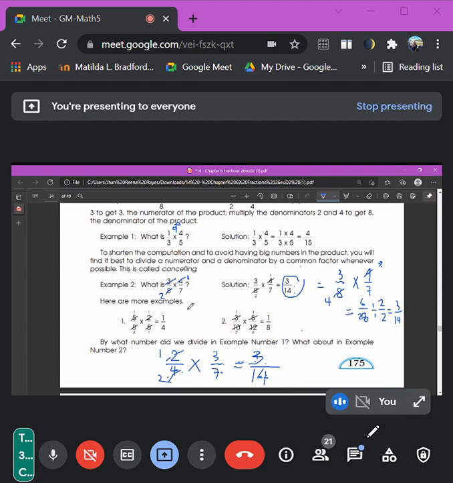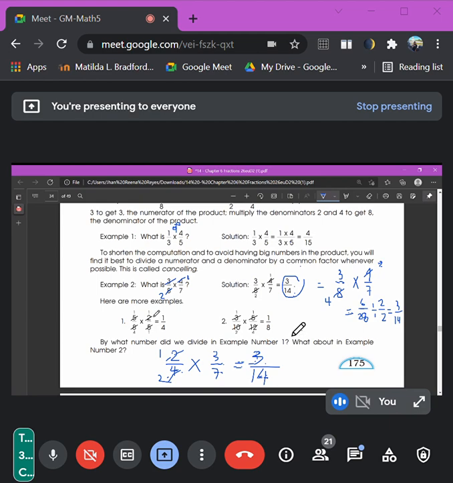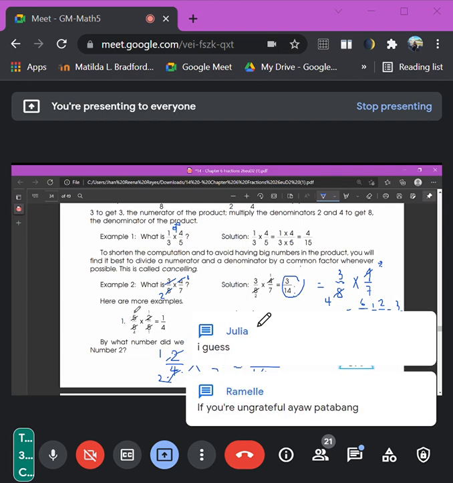Like in our examples, for number 1, it is possible to divide the 2 and the 8, because they have a common factor of 2. So we divide them. And after that, once they are in their lowest values, that's the time we multiply.